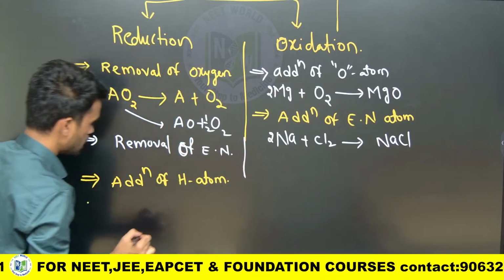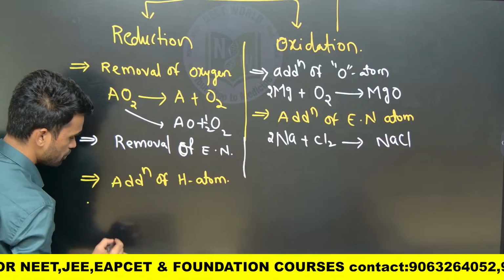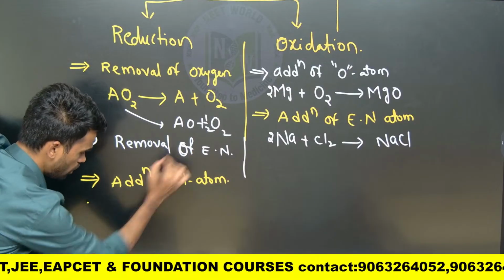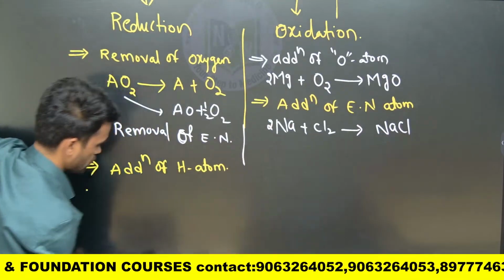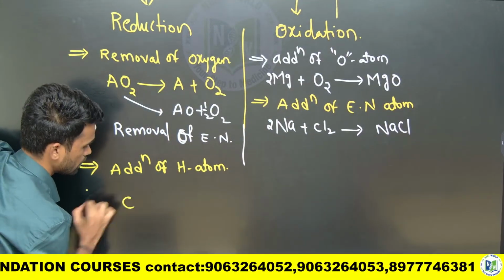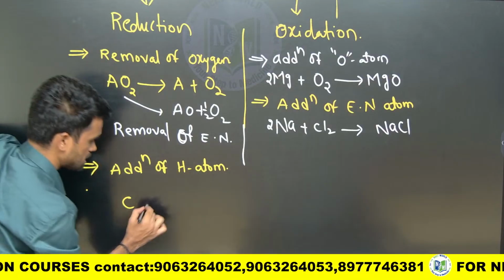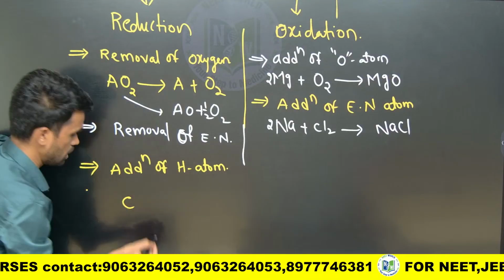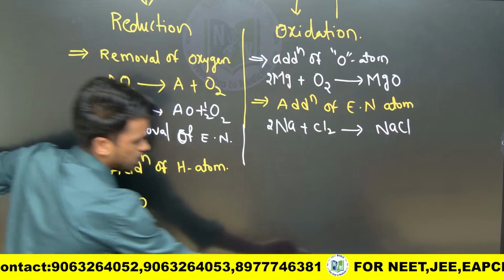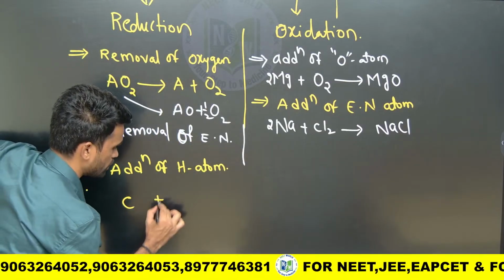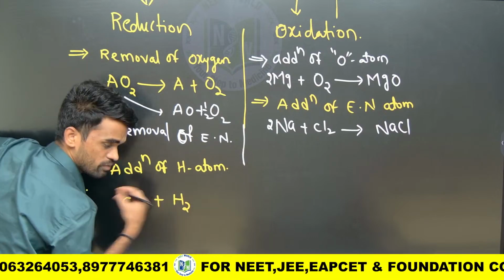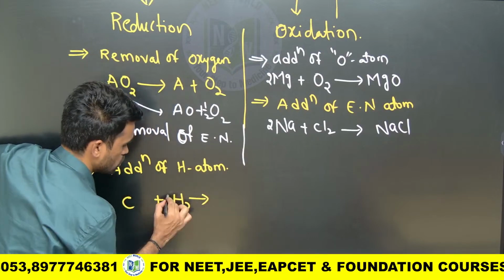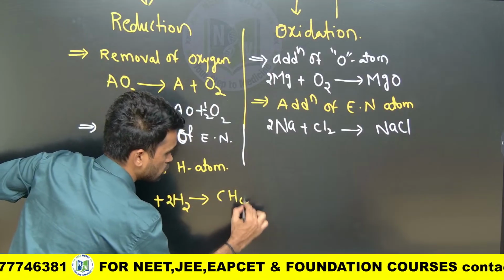Now let us say we have carbon, and to these carbon atoms we are adding hydrogens, or let us say we have CO or anything. To this carbon we are adding hydrogens, and it is converting into methane, right?